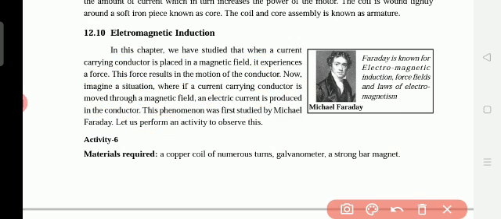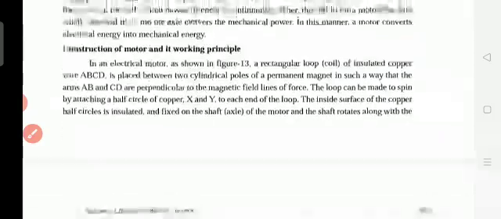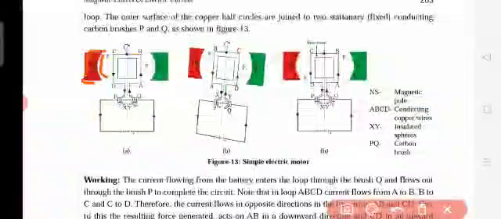So what does electromagnetic induction mean? When a current carrying conductor is placed in a magnetic field, it experiences a force. This force results in the motion of the conductor. For example, here you see an electromagnet.